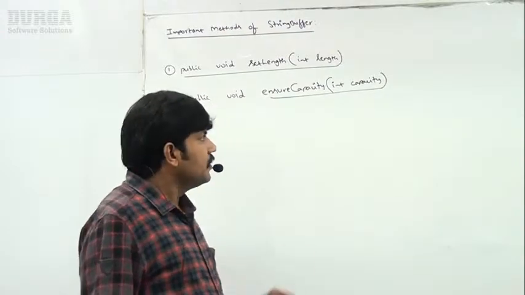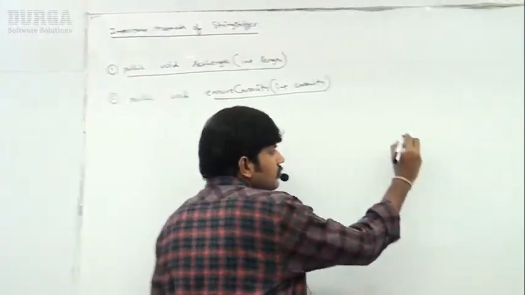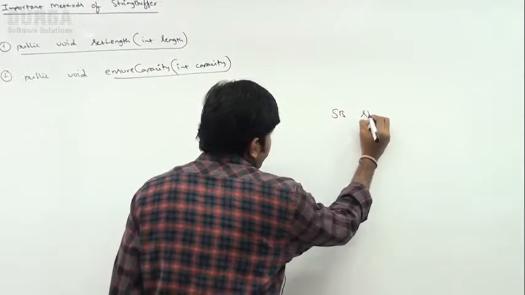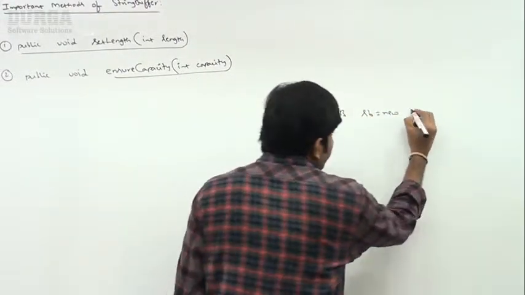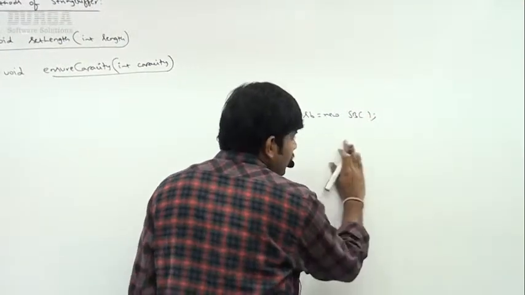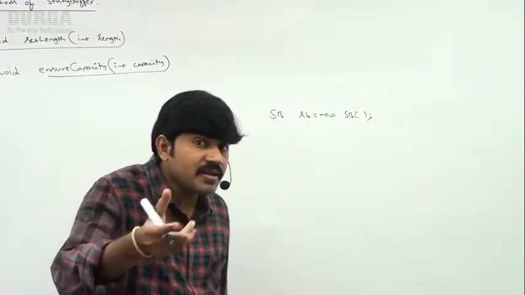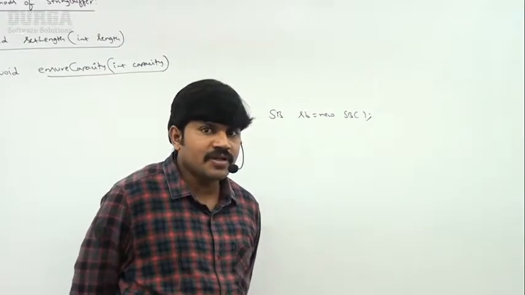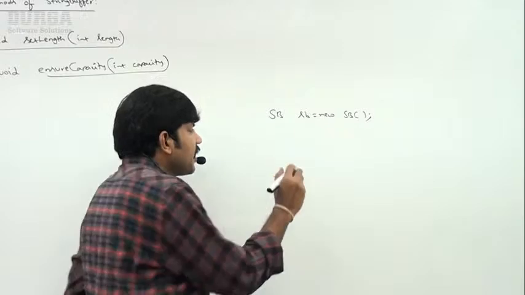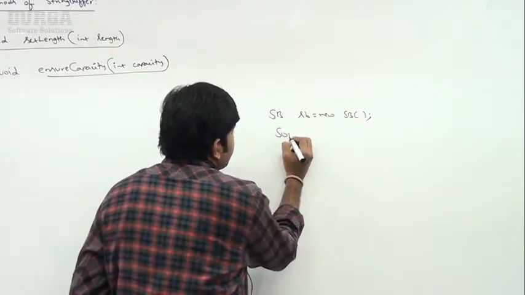Suppose I created an empty StringBuffer: StringBuffer sb equals new StringBuffer. Can you please tell what is the default initial capacity? Respond. The default initial capacity is 16.